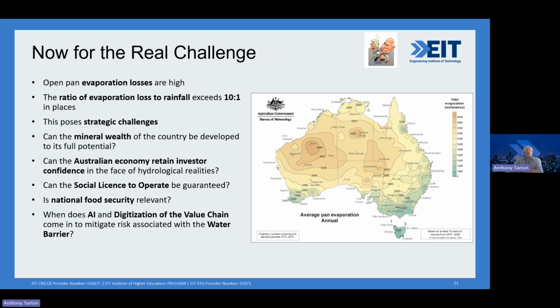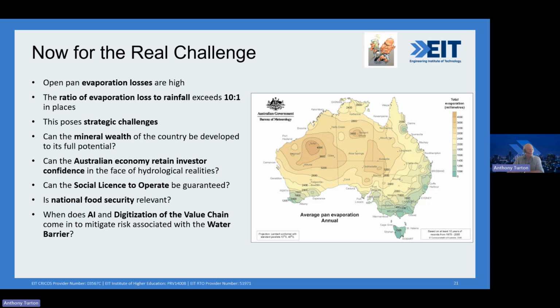Now we get to the real challenge. I spoke earlier about MAP and MAR. That last map was about precipitation, that is MAP. This is about the losses to evaporation, your open pan evaporative losses.